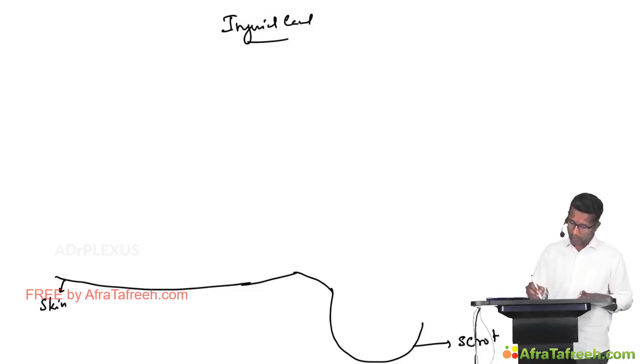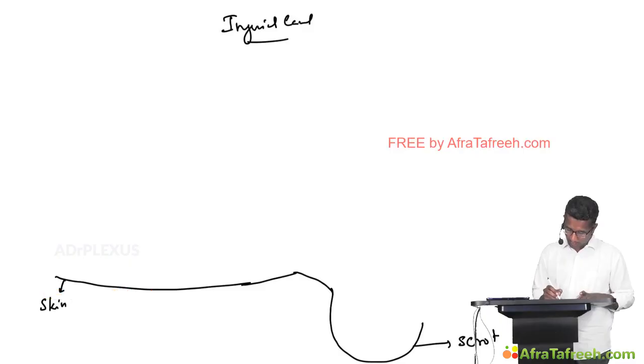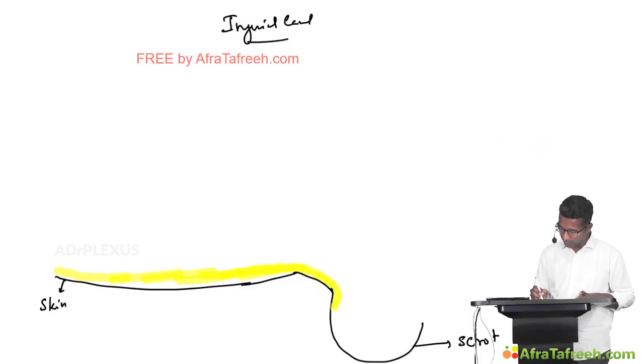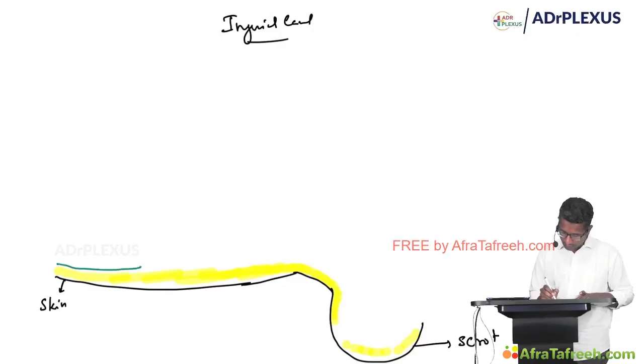The layer present here is the superficial fatty layer, and this extends into the scrotum. There is another layer here called the membranous layer of Scarpa.